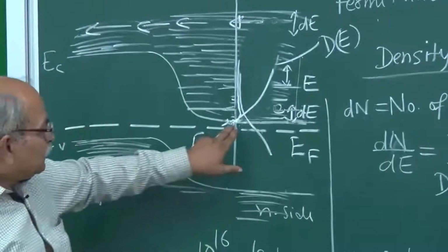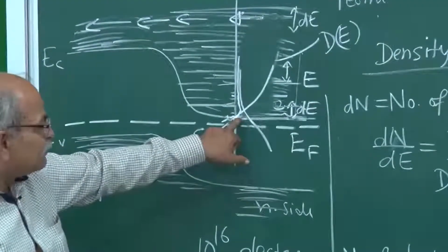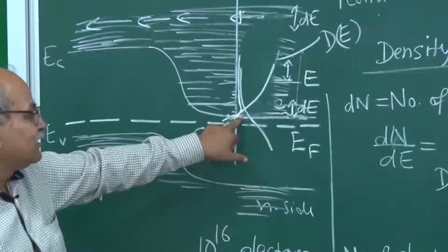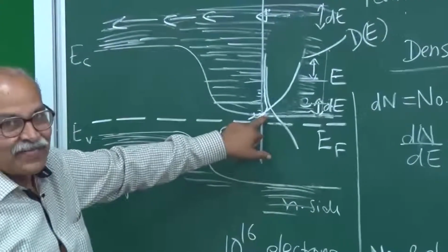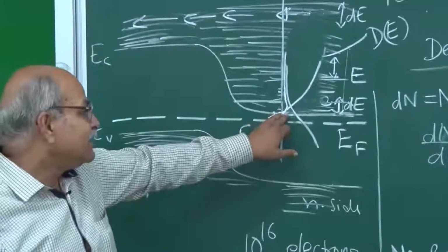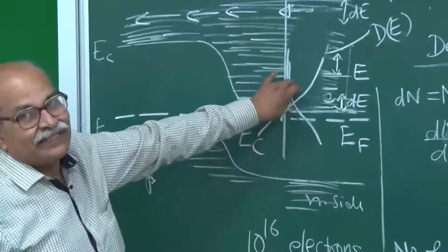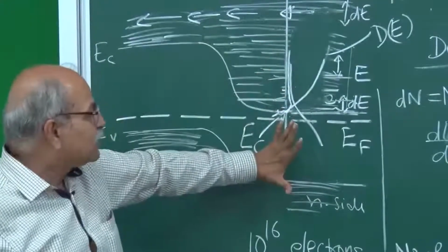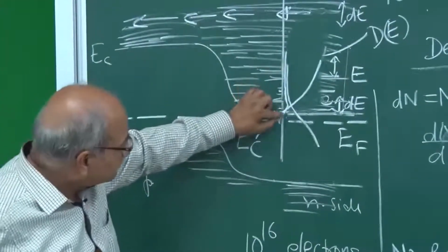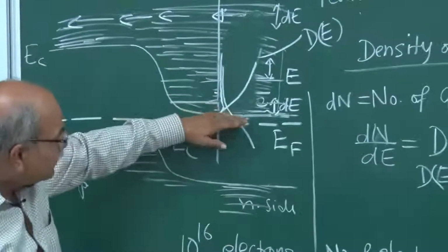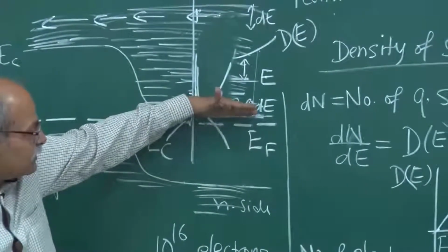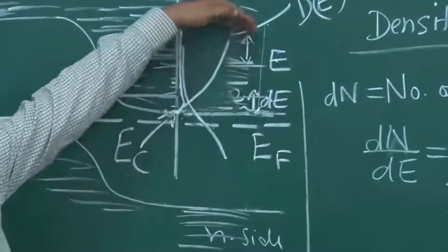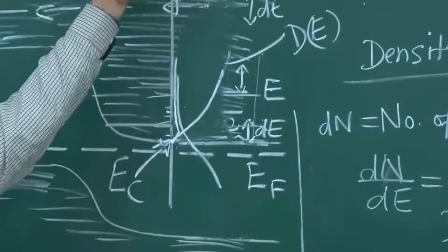Okay. So right at the bottom you do not have the maximum number of electrons, because the density of states is very, very small here. Slightly above it maximizes and then it decreases. Okay. But for all practical purposes, you can neglect that variation here, and you can say that the lower the energy, the larger the number of electrons, and then as you go up, that number decreases.